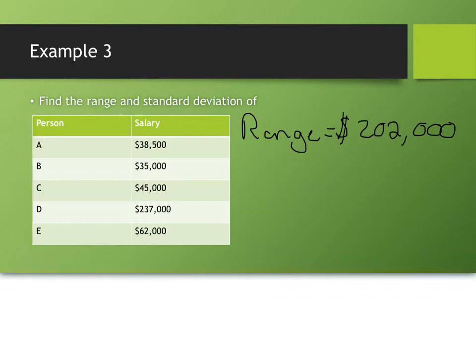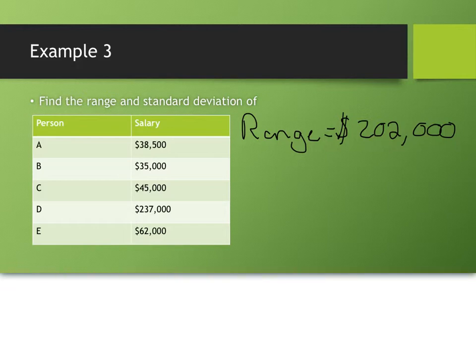So whatever you're measuring in, if it was dollars, your range and standard deviation will both come back in dollars. If we were measuring heights, my range and my standard deviation would both come back in heights, meaning like inches or feet. So that's one of the very nice things about standard deviation.